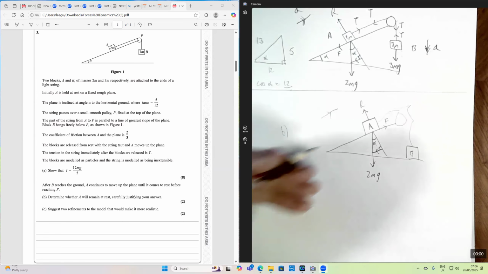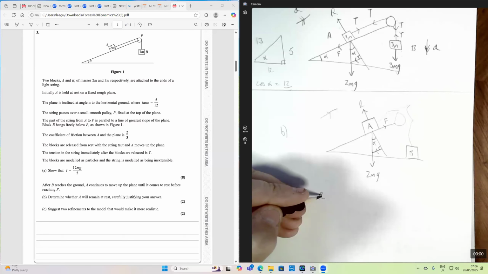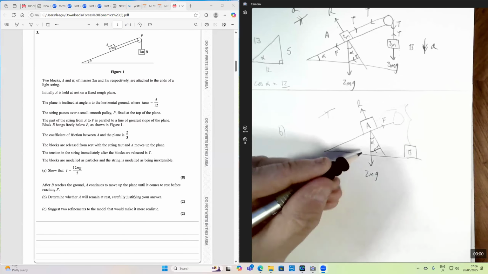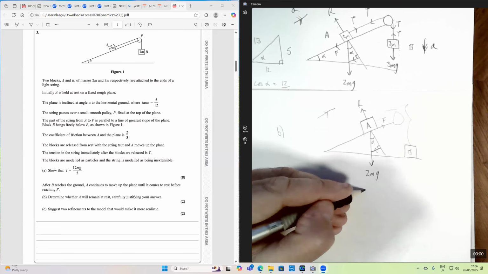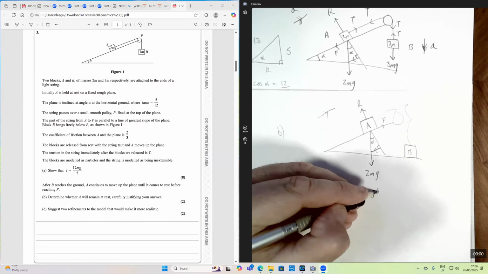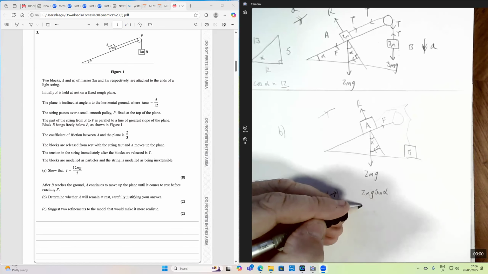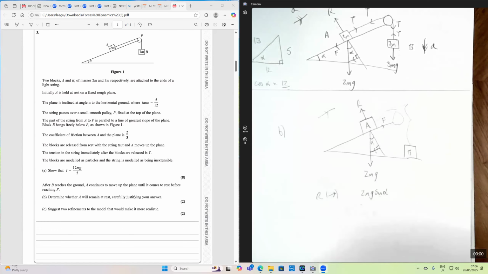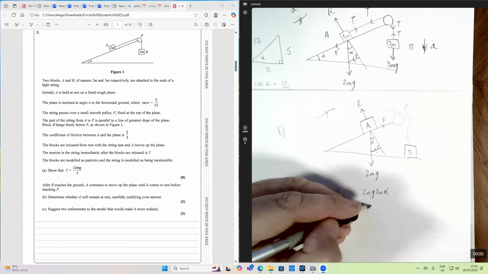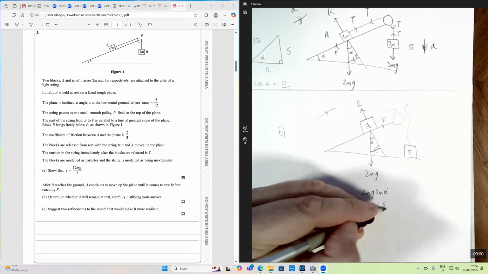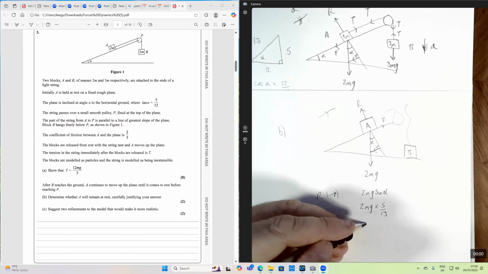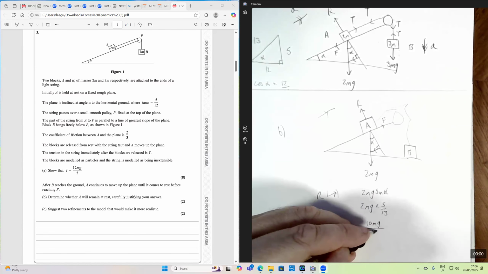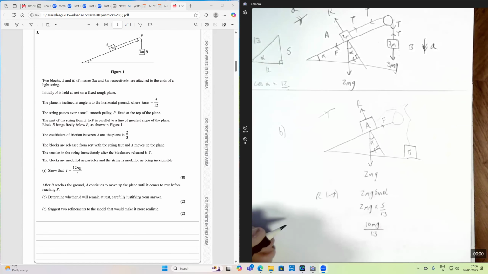So let's resolve parallel to the plane and see what we've got. We've got the component going down the slope, which is 2mg sine alpha. And you may remember that we said that our sine alpha was 5 over 13. So we have 2mg times 5 over 13, which is 10 mg over 13 acting down the slope.